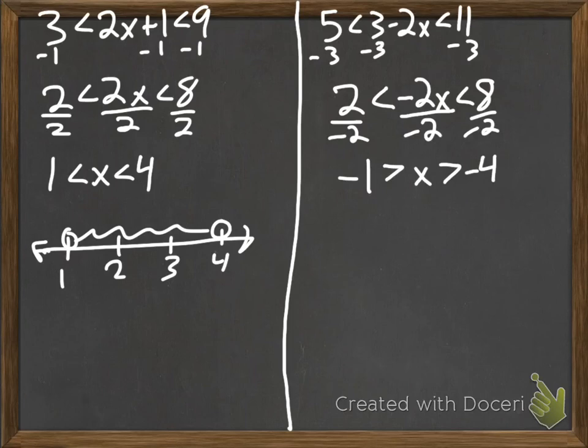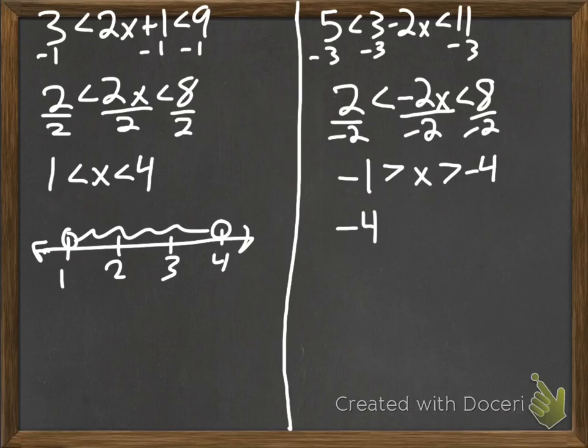Well, what we should do here is if you ever get it pointing to the right like this, the best thing to do is to flip it so that your inequalities are pointing towards the left, just so it reads better. So that means we have to move everything. And remember, if it's pointing to something, it has to continue to point to it.